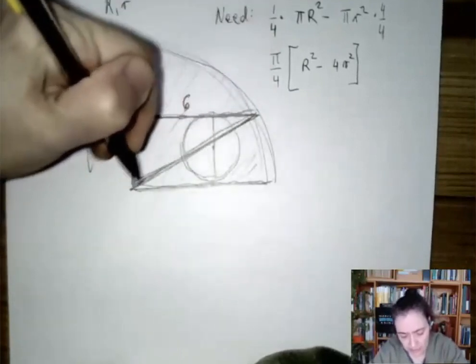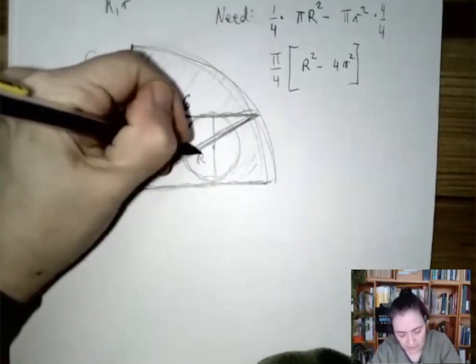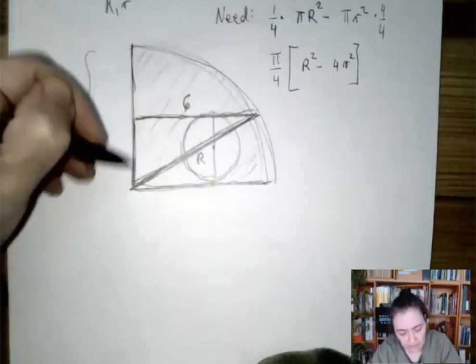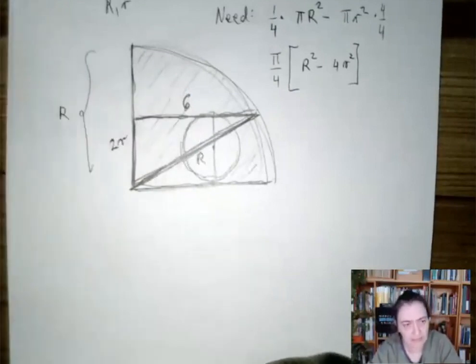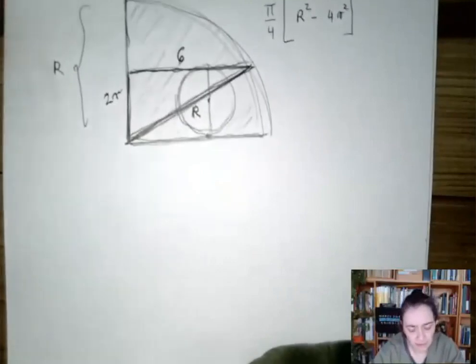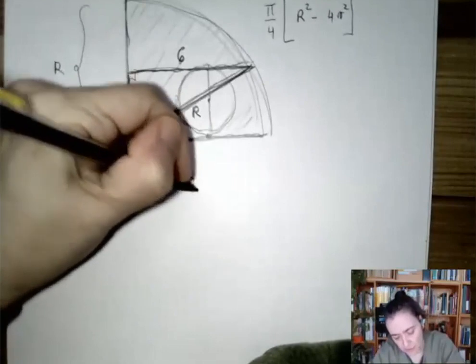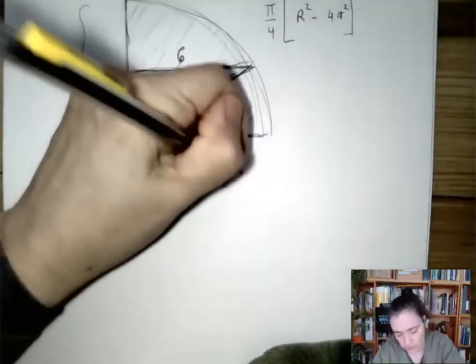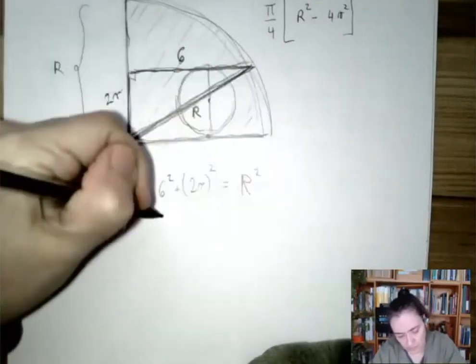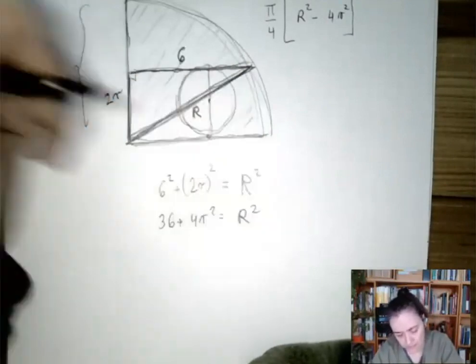This is a radius in the big quadrant circle, so that's R. And it might take you a little work to discover that this is a diameter in the smaller circle, twice little r. And then we just state the Pythagorean theorem for this right triangle and get that 6 squared plus 2 little r squared equals R squared. So 36 plus 4r squared equals R squared.